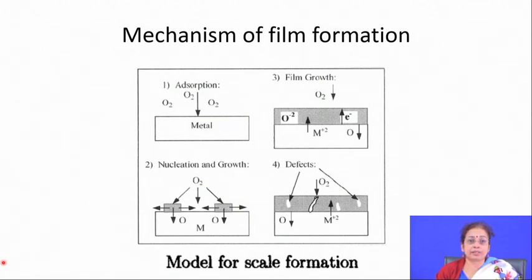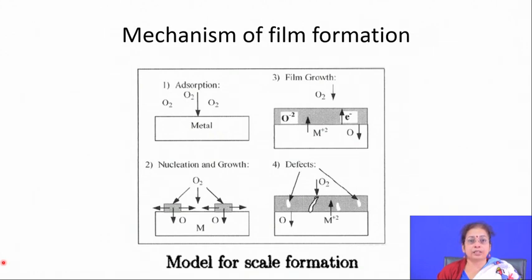In an alloy system there are different species, and the formation rate is different for different species. Depending on that, there is a probability of formation of a particular oxide, and that highly probable oxide film will form on the surface.